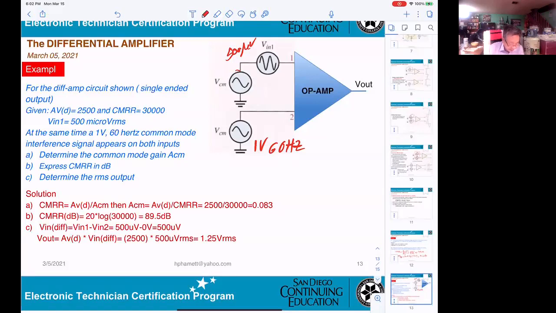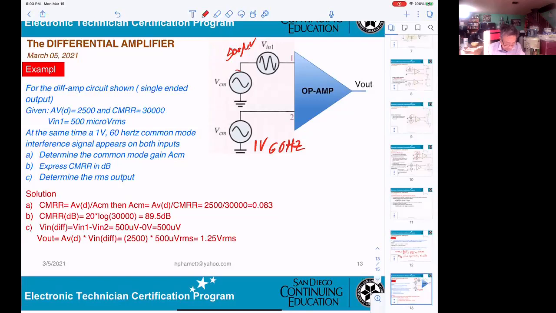Now, number 1: determine the common mode gain ACM. On this one, I already gave you the calculation. Common mode rejection ratio equals AVD over ACM.